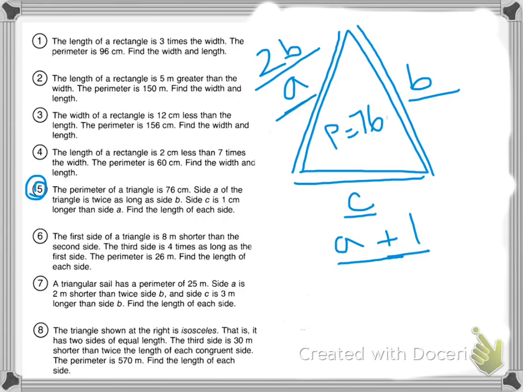Let me get rid of those lines. I have this side in terms of B, and I have this side in terms of B. Is there any way I could tweak this and use something I know about one of the sides and swap in a B value? That's the question.